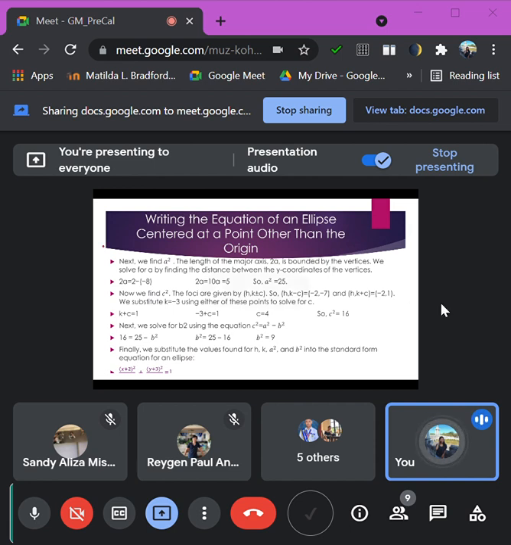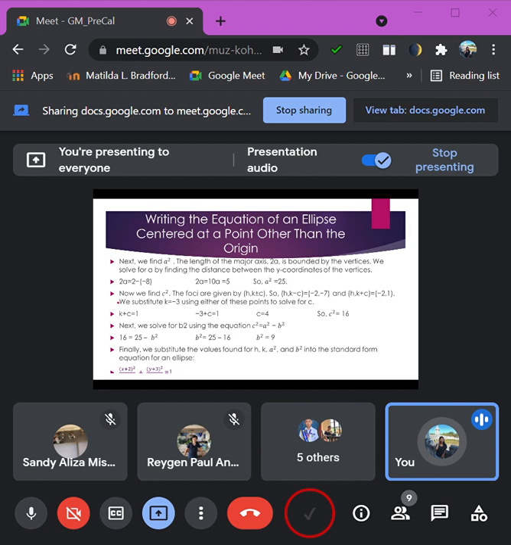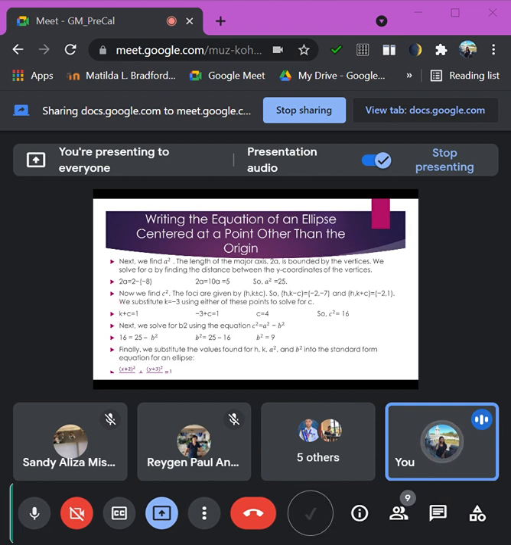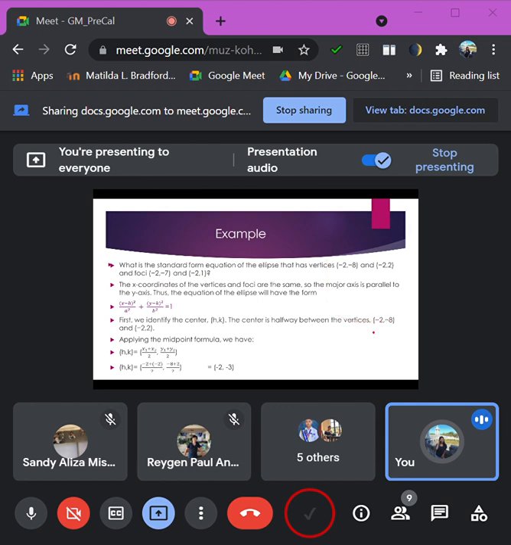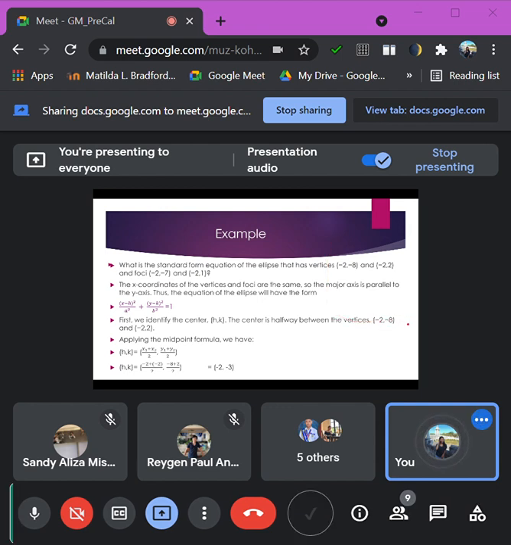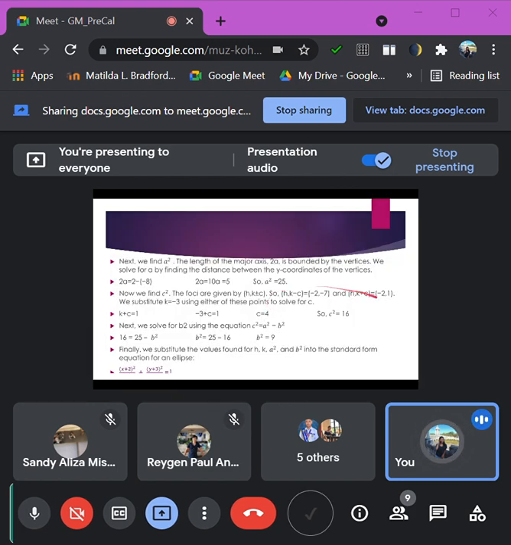So you have there 2A is equals to 2 minus negative 8. Which of the two should we use? The 2 and negative 2, right? Our vertex there is negative 2, negative 8. So it's either of the two, whichever you use. What we use here is negative 2, negative 2 minus negative 8, for your 2A because 2A is the major axis.